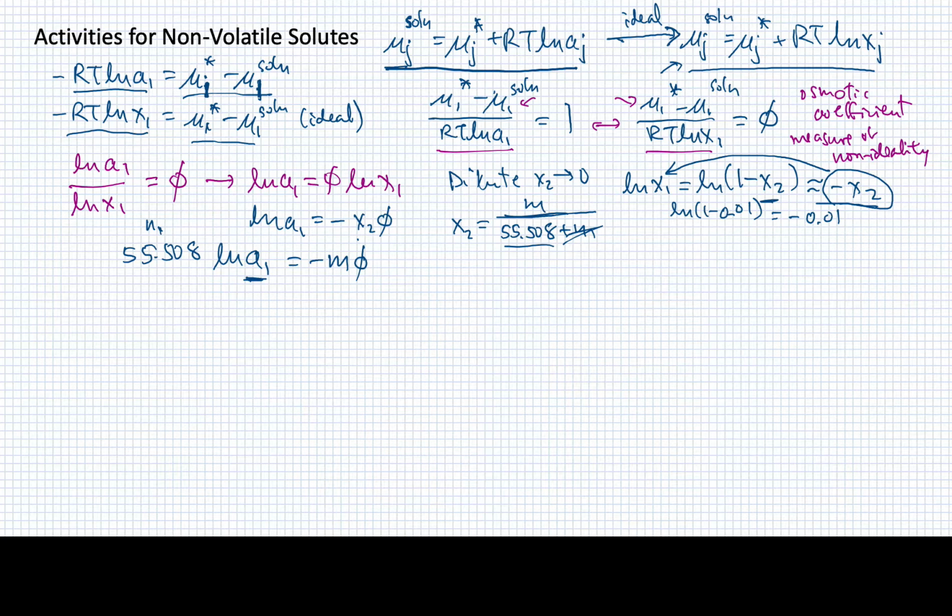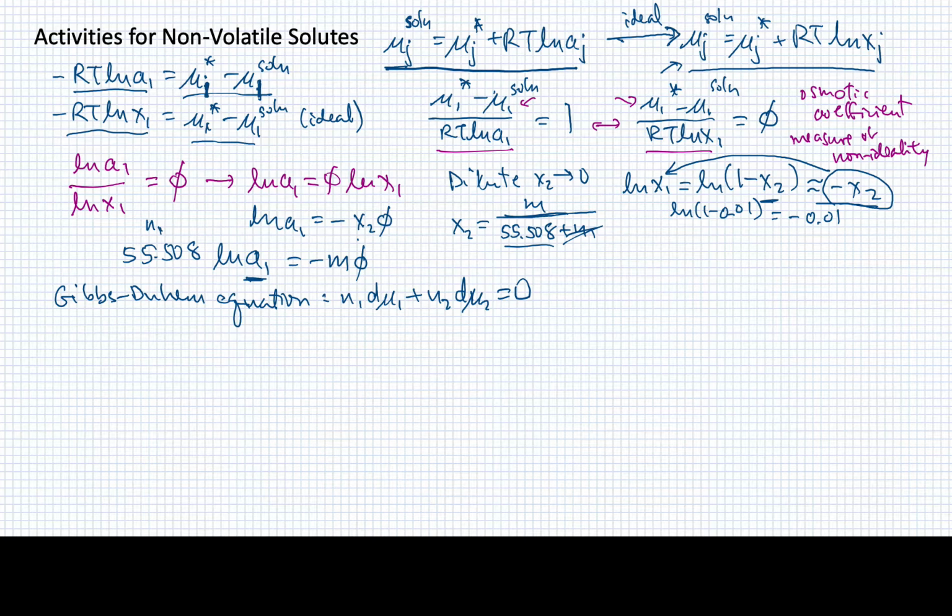All right, now the way that we normally will do something like this is by using the Gibbs-Duhem equation. So let me remind you that the Gibbs-Duhem equation, in the form that we originally saw it, involved the chemical potential, and so it was something like the number of moles of component 1 times the change in the chemical potential of that component plus the number of moles of component 2 times the change in the chemical potential of that component is equal to 0.